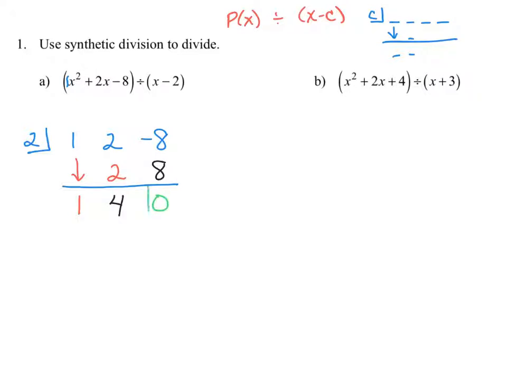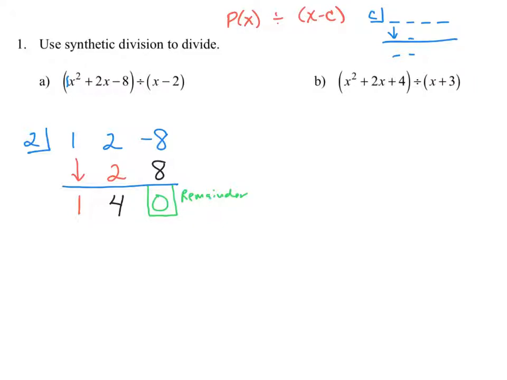Now this last number is your remainder. If you were doing this problem using long division, your remainder would be 0. So that means x minus 2 divides evenly without any remainder. And since we started off with an x squared in our original polynomial, when we divide out an x, we end up with one lower power.